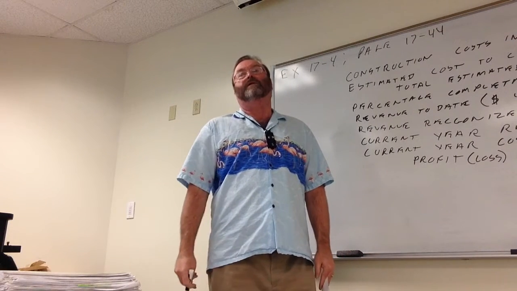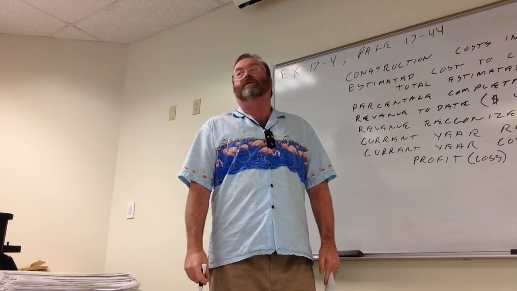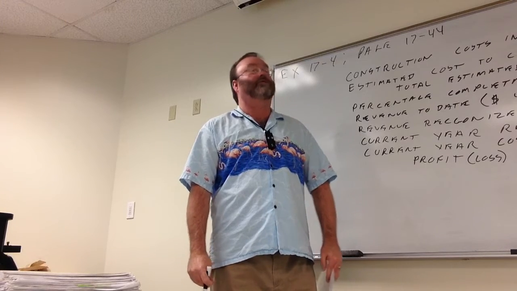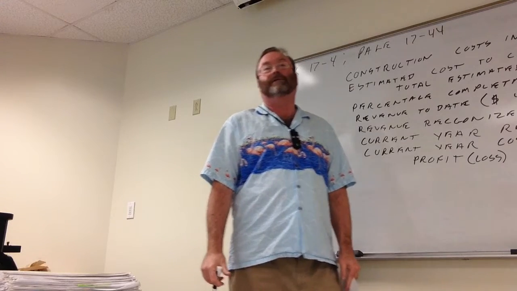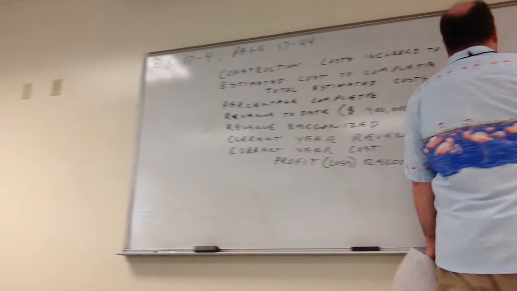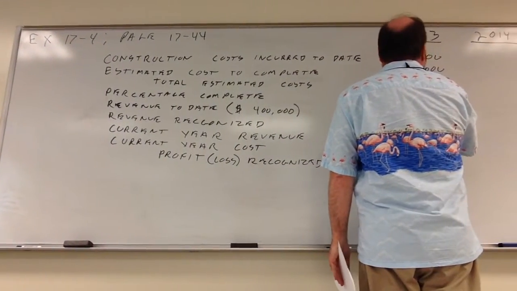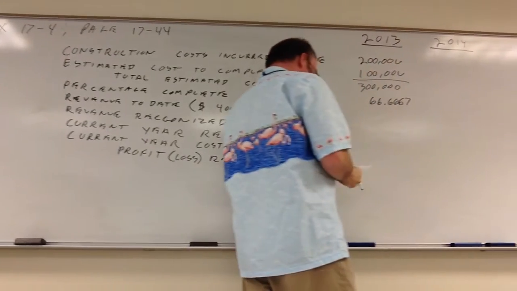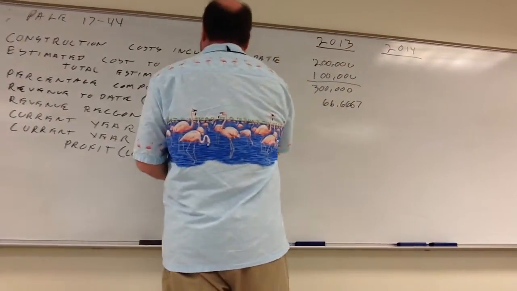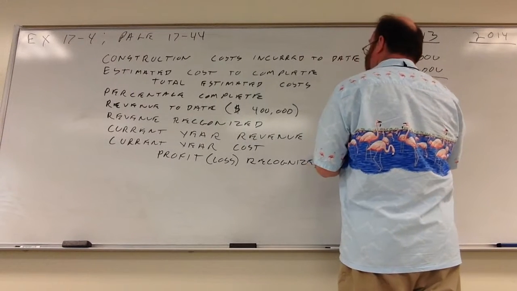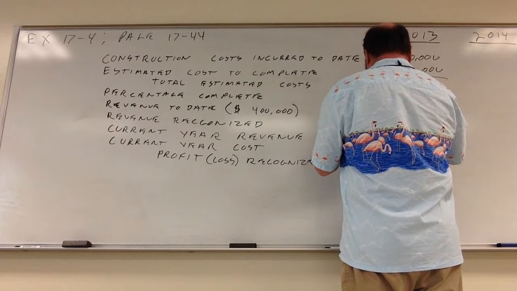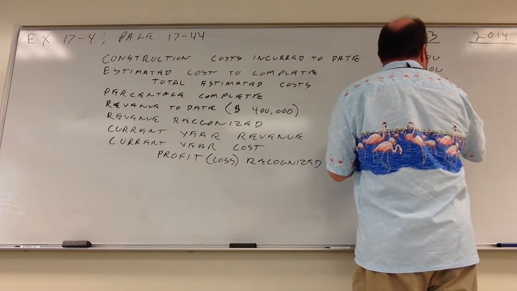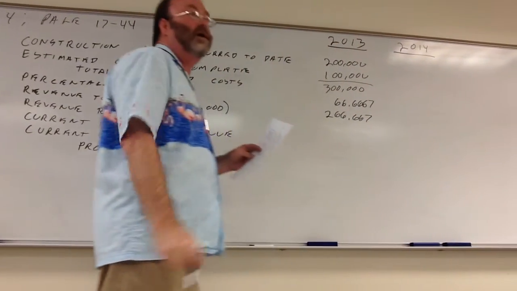So how far are we complete? What's 2 divided by 3? 66 and 2/3, or 66.6667, thereabouts. Multiply that times the 400,000, you get 266,667 to round it to the closest dollar.